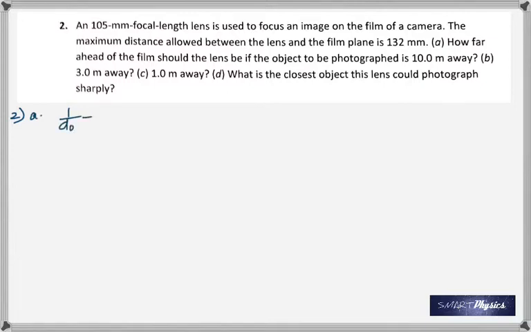Okay, so you have the lens equation again. You're given the focal length and you're given the object distance, and we're trying to find the image distance DI, as in the last question.